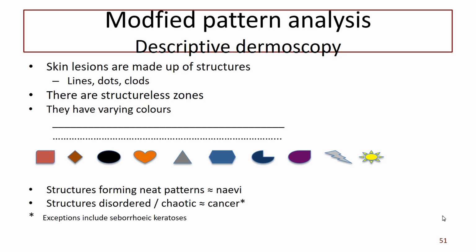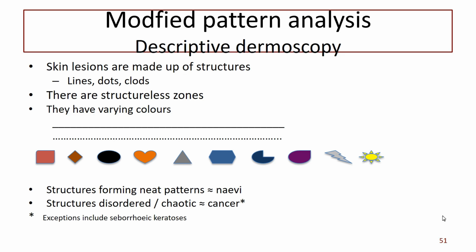Okay, so the whole world can be described as lines, dots, clods, and structureless zones. But they have varying colours. The ceiling's a bit dull. Dermoscopy is much more exciting. We have pinks and browns and blacks and blues and greys and yellows and whites.